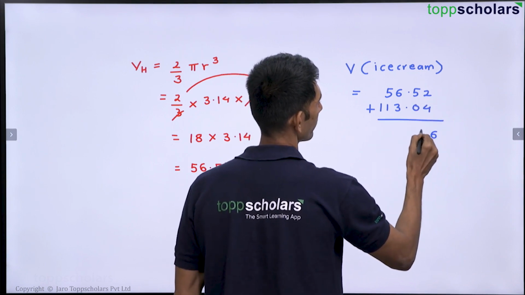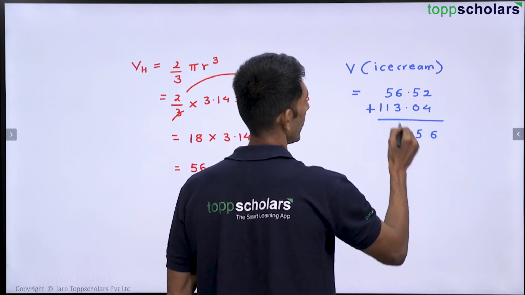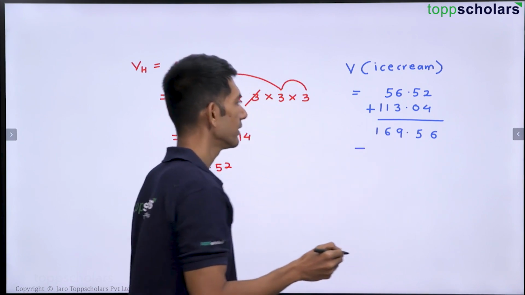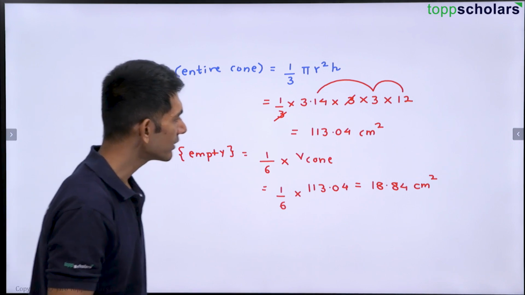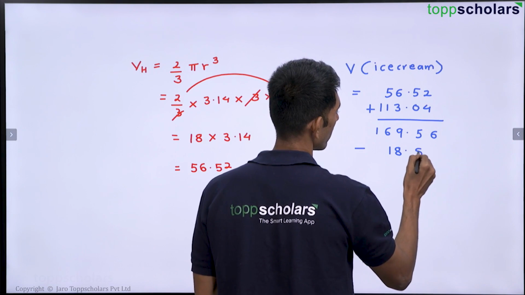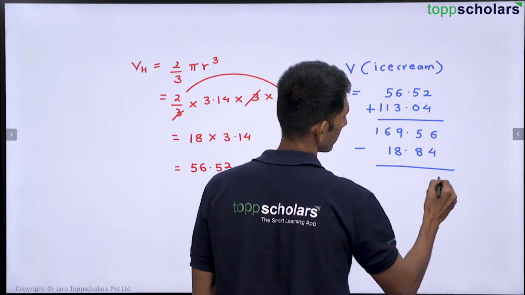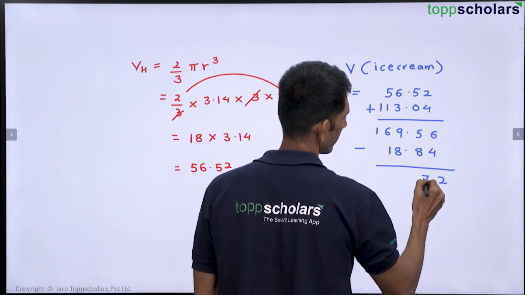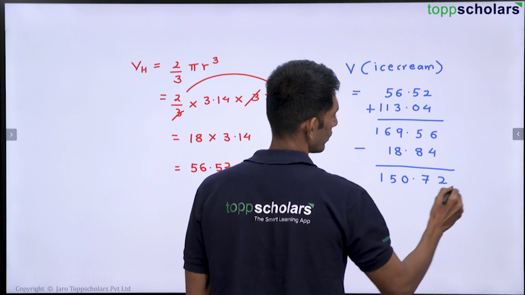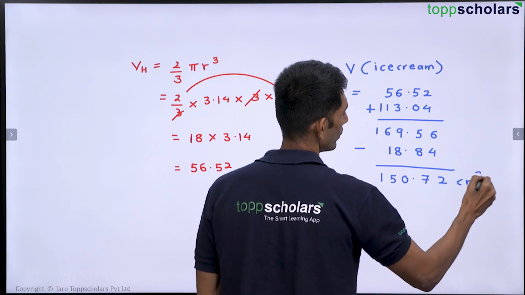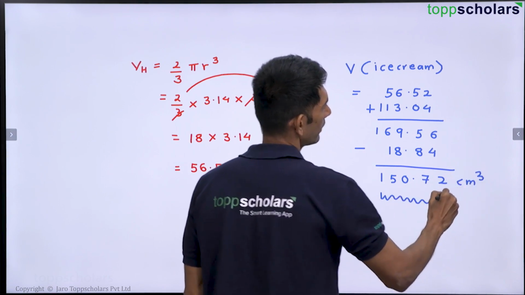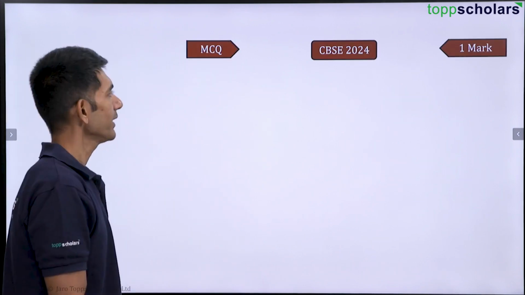That gives you 169.56 minus the volume of the remaining, that is 18.84. That is 150.72 centimeter cube. That's it. Simple. So let's have a look at a new question.